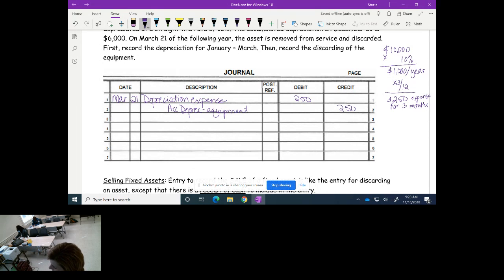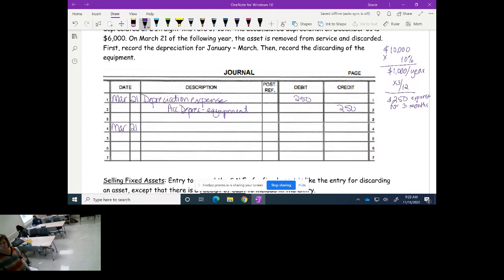Okay. So now we can record the disposal of the asset. March 21, what are we going to debit to get an asset off the books? Accumulated depreciation.